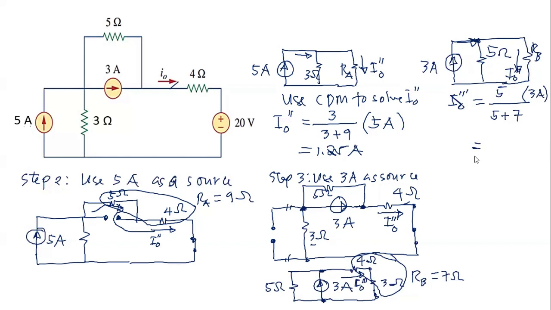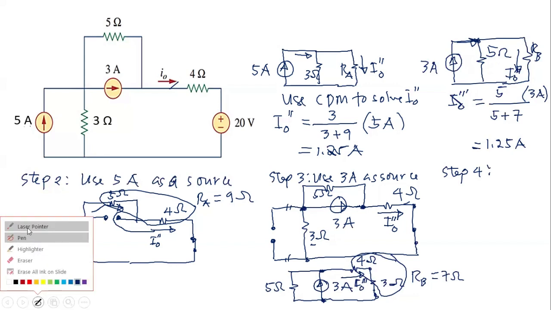So if you will compute, that's equal to 1.25 amperes. Okay, now, the last step, step 4, is that we're going to compute what is the total value of IO.